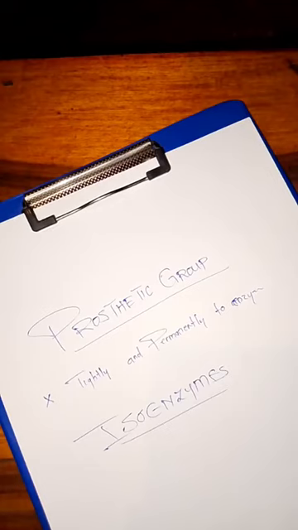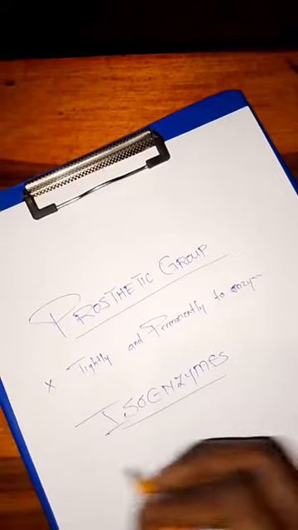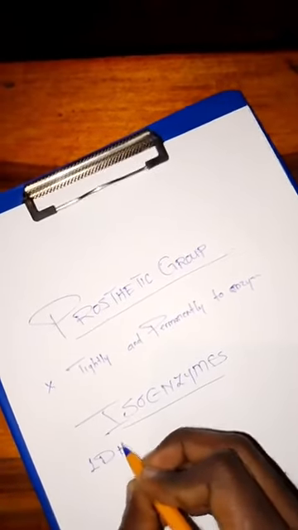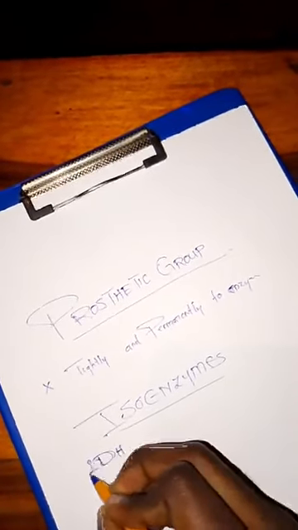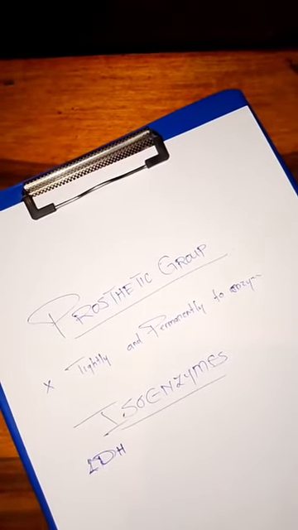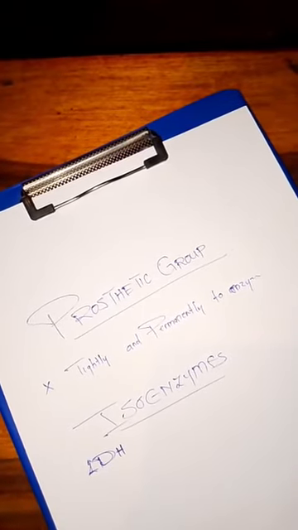One example I can give under isoenzymes is the enzyme known as lactic dehydrogenase, abbreviated as LDH. This LDH is a class of enzymes that involves different types under it.